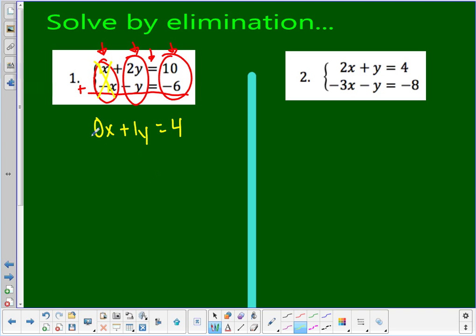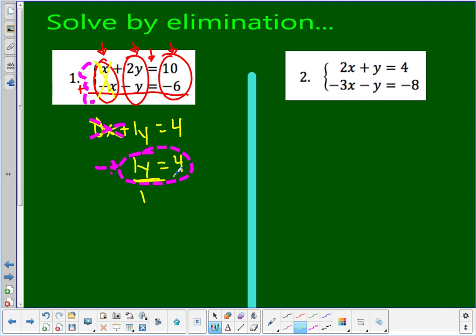I don't need the 0x. That can go away. That's just the same thing as saying 1y is equal to 4, and then I would solve for y. So what I did here is I got one equation with one variable. After I combined these two, my x term dropped out and I had one equation with one variable. Now I can solve it.